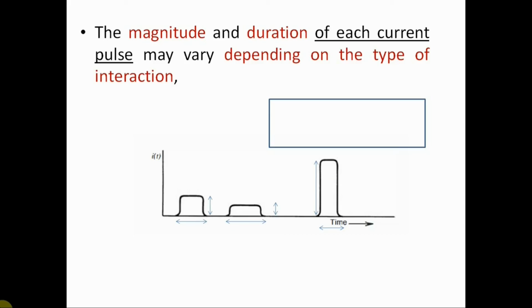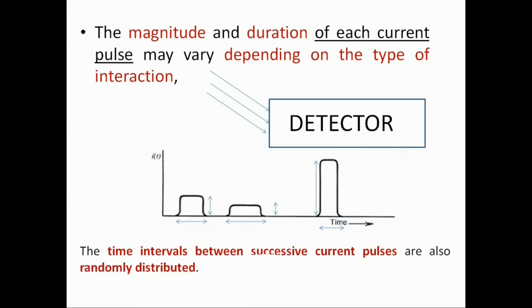Another point to be noted is that since the arrival of radiation quanta is a random phenomenon which is governed by Poisson statistics, the time intervals between the successive current pulses are also randomly distributed.